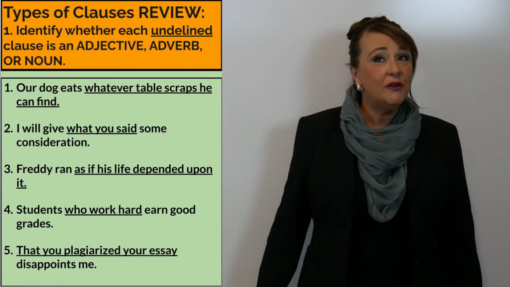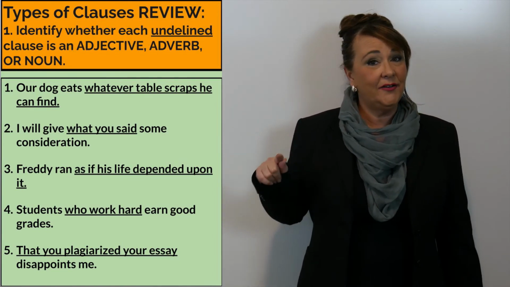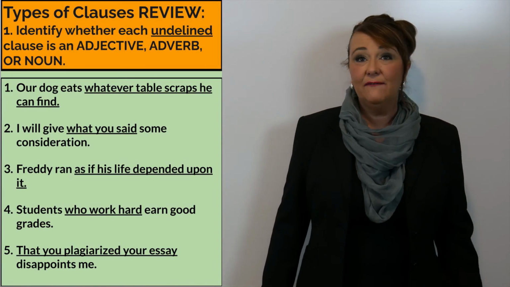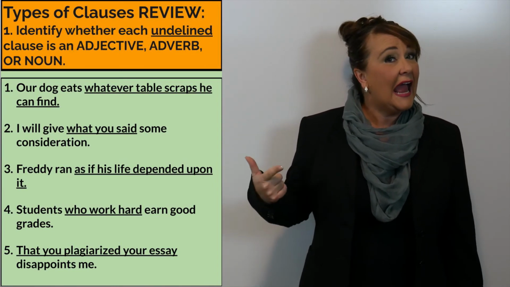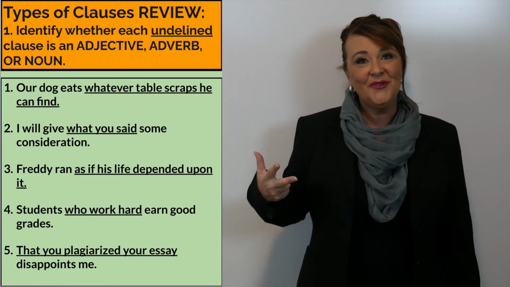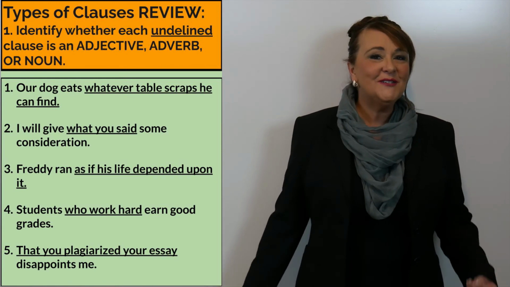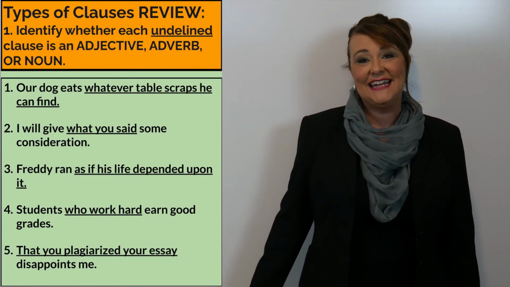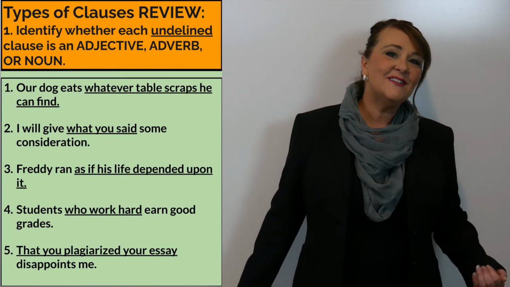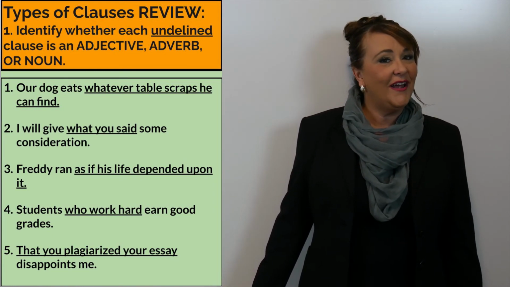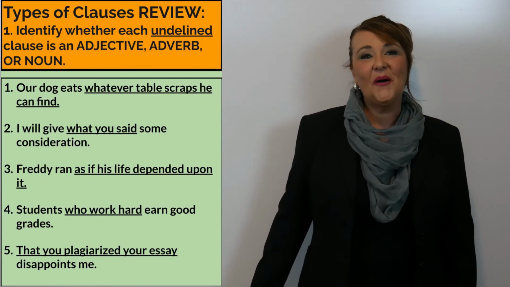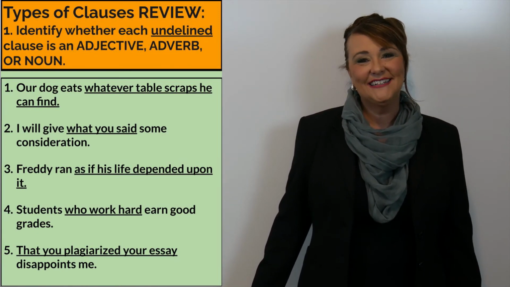I want you to look at that underlined clause and then identify if it's an adjective, adverb, or noun clause. Pause your video while you identify what type of clause it is, and then turn the video back on and I'll go over the answers. Go ahead and pause your video now.